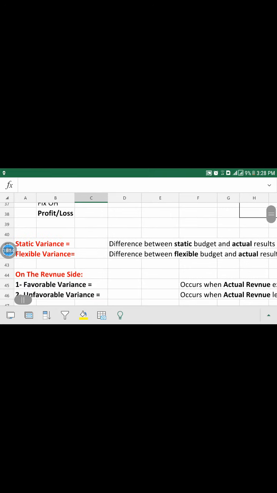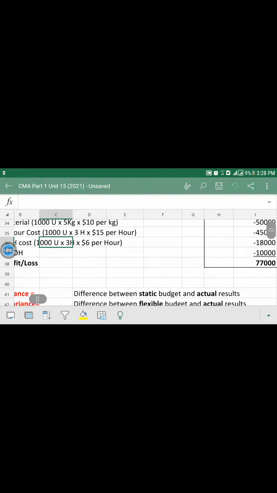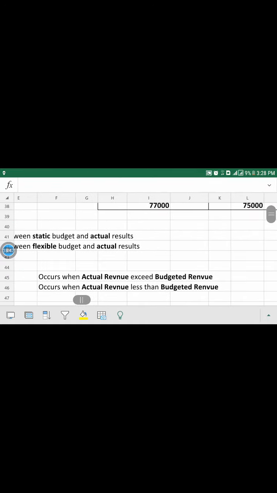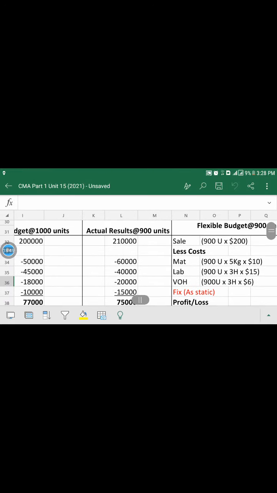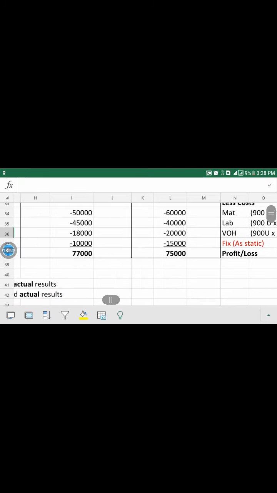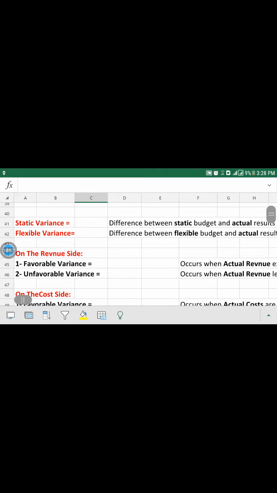And on the cost side, a favorable variance occurs when actual costs are less than budgeted costs. So on the cost side, actual cost less than the budgeted cost is a favorable variance.